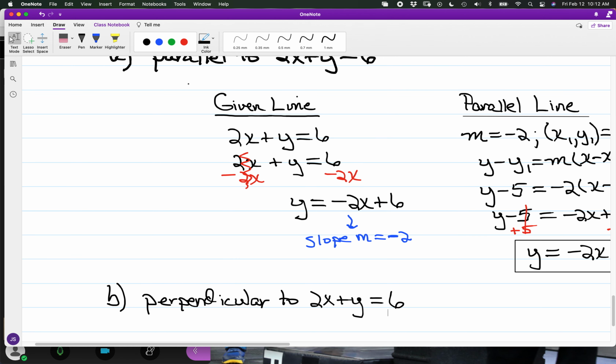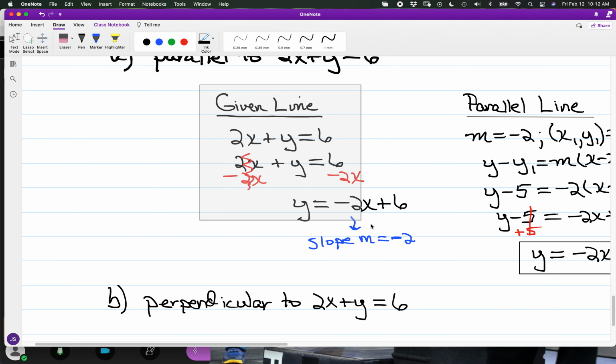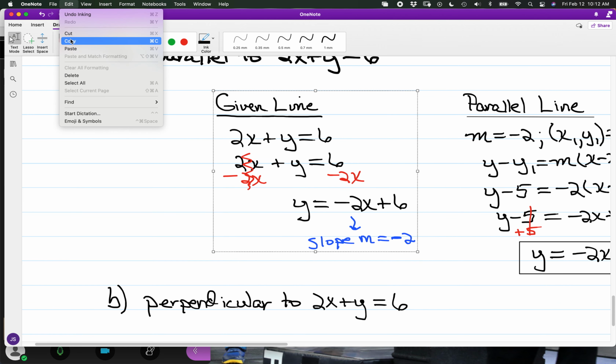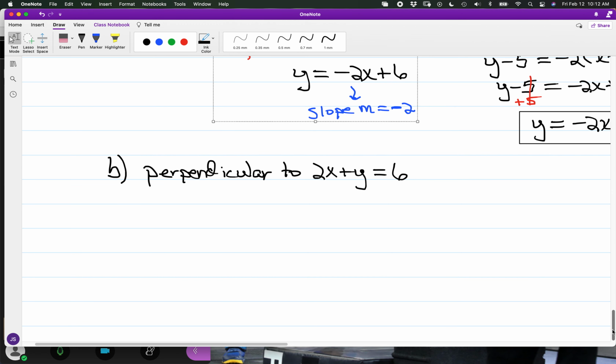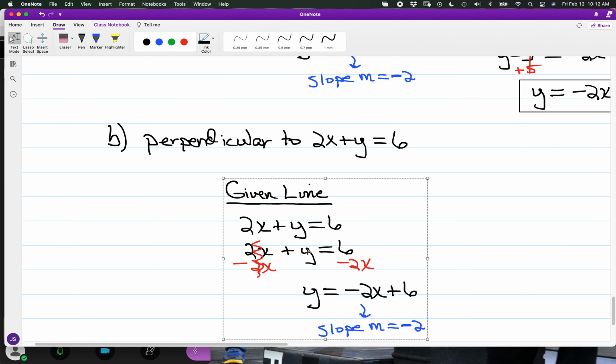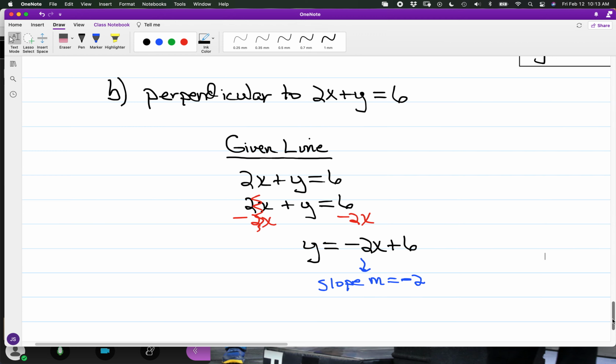And I'm going to copy down the information for the given line as our backdrop. Okay, so you got the given line. Okay, the slope once again is -2.